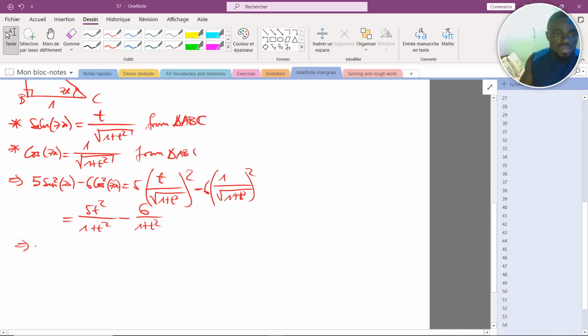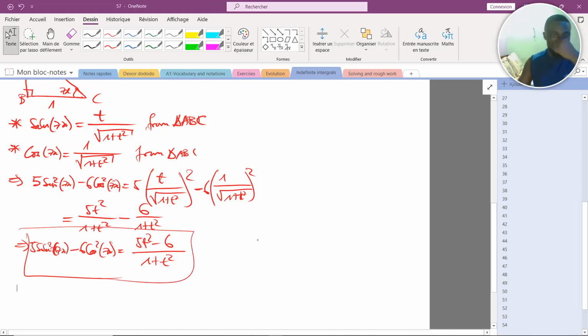So this implies 5 sine square 7x minus 6 cos square 7x will be equal to 5t square minus 6 all over 1 plus t square. So you have already everything. You have already your dx and this.